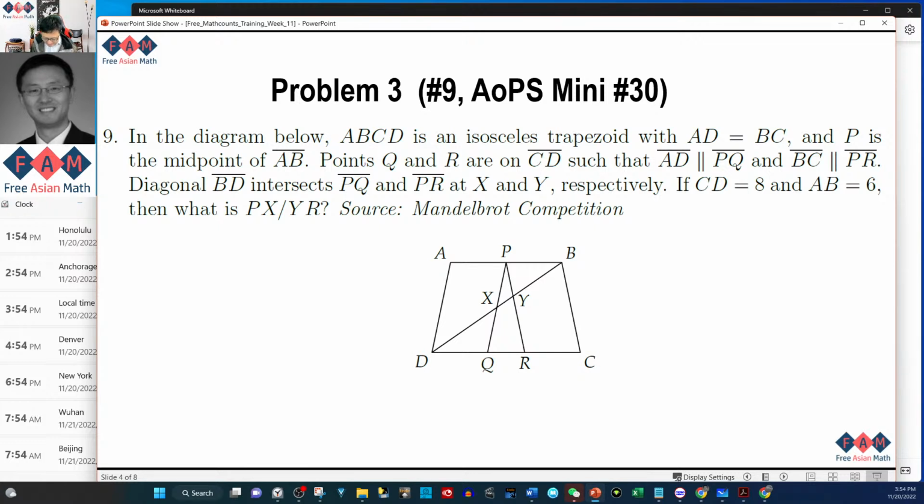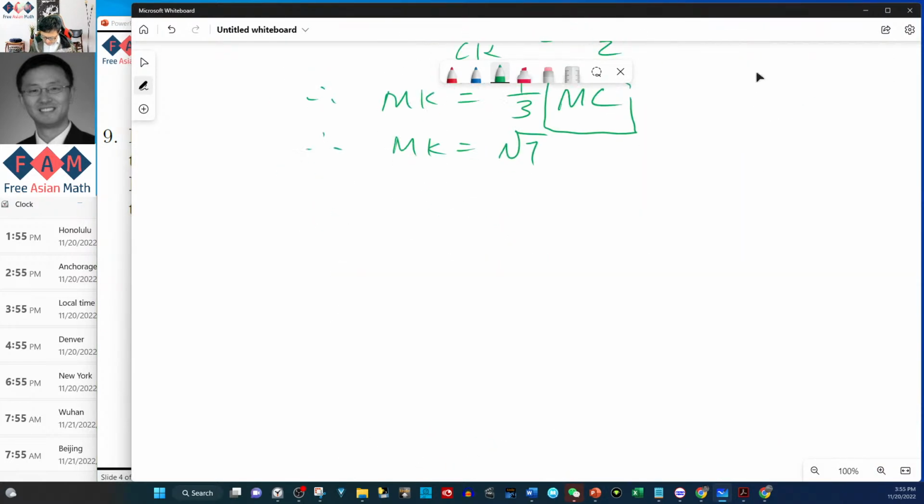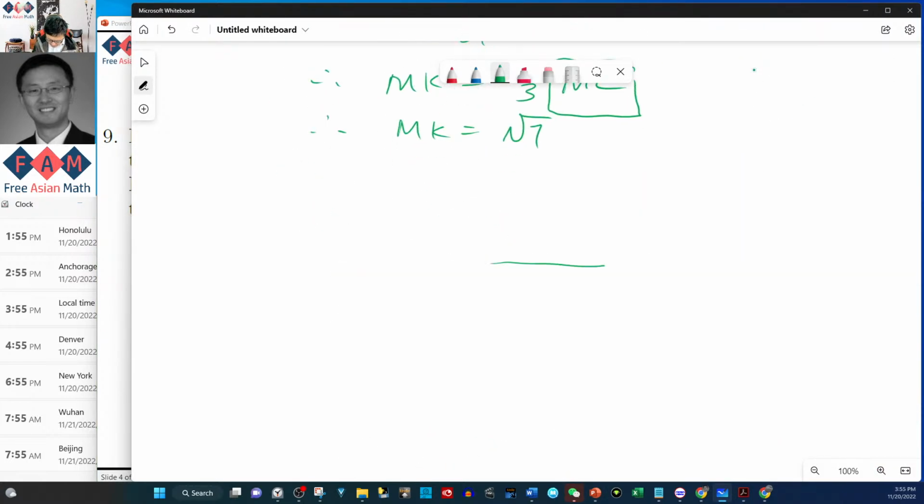That also means that we have a trapezoid, so angle A must be congruent with angle B. You can argue, well, if I have a trapezoid, these two sides are congruent, but it doesn't have to be in this way, right? It can be in this way. That is also congruent. But if that's the case, you have a parallelogram. You see that? This is a parallelogram. It's not a trapezoid.